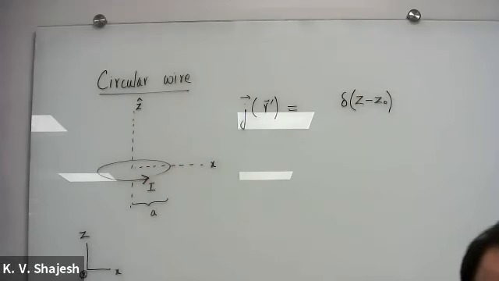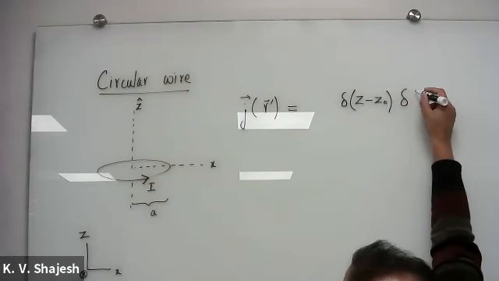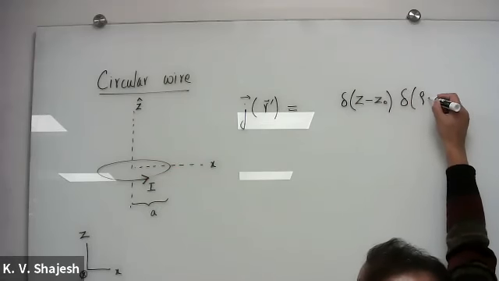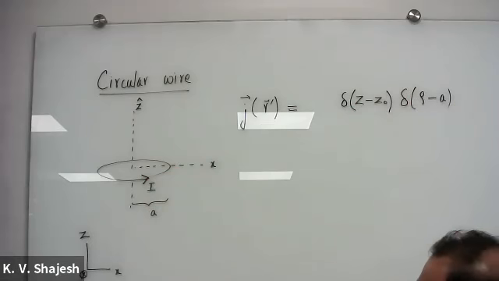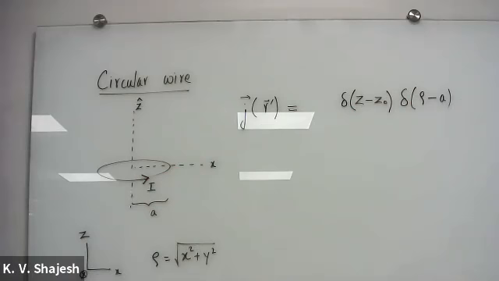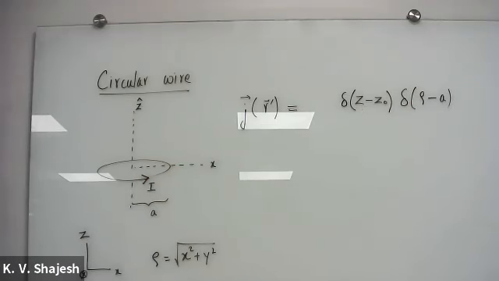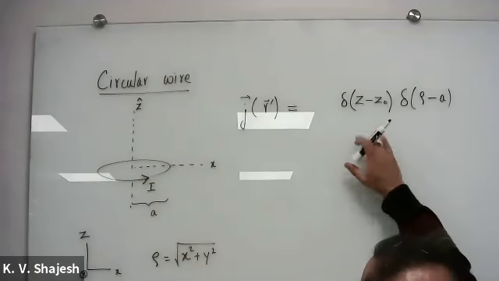So it is the cylindrical coordinate rho that fixes that. So that's rho minus a, where rho is equal to, remember, square root of x squared plus y squared, polar coordinate. So if I fix these two, I should get my current density, or that should be your area. That's one way to look at it.